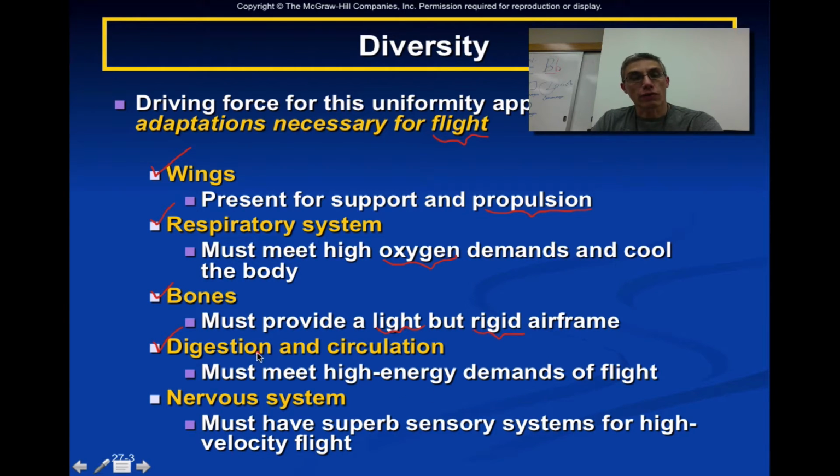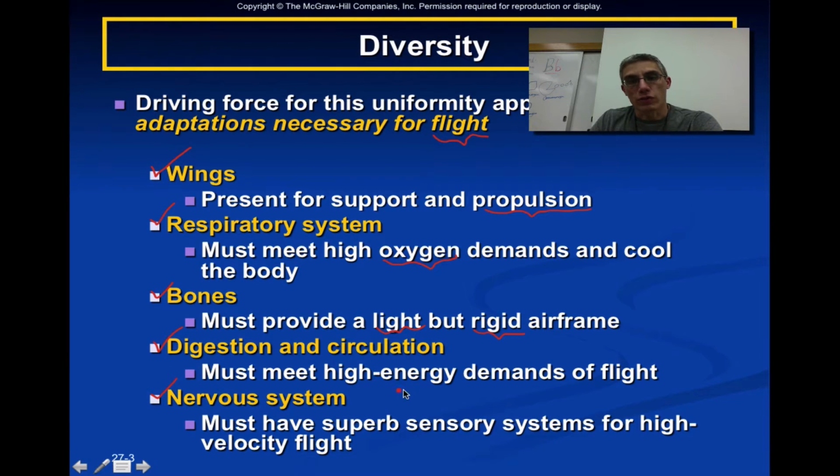So in other words, the amount of food that this animal might take in, those requirements might be a little bit higher than you would find in other groups because, of course, as we had said, flight requires a lot of energy, and you had to have a circulatory system that can move not only those nutrients, but again, the oxygen that we had talked about up here to the different parts of the body in a very efficient manner.